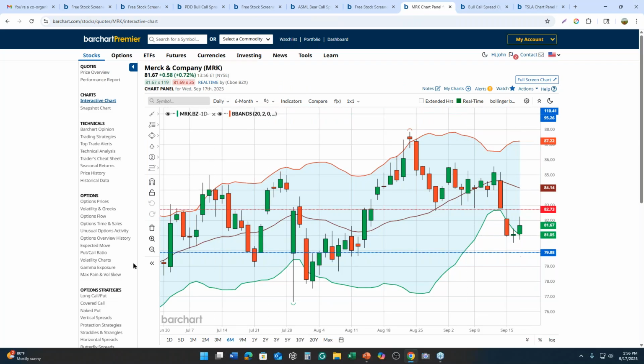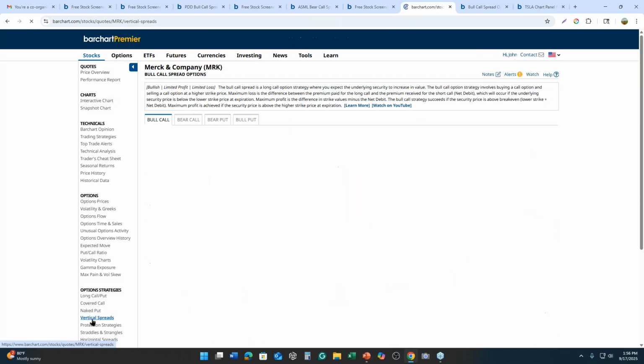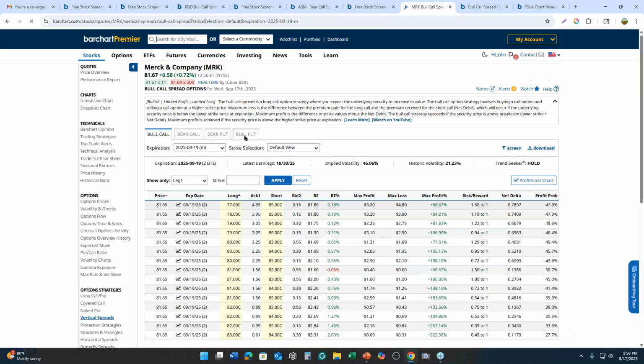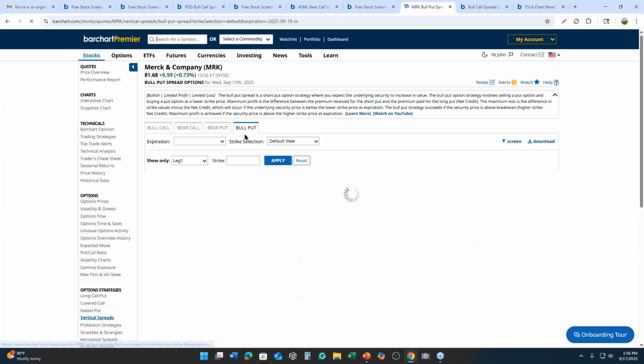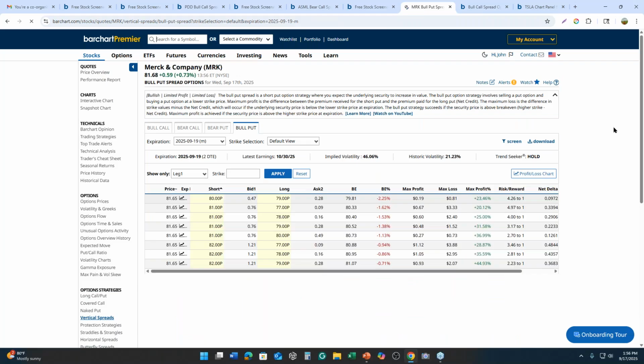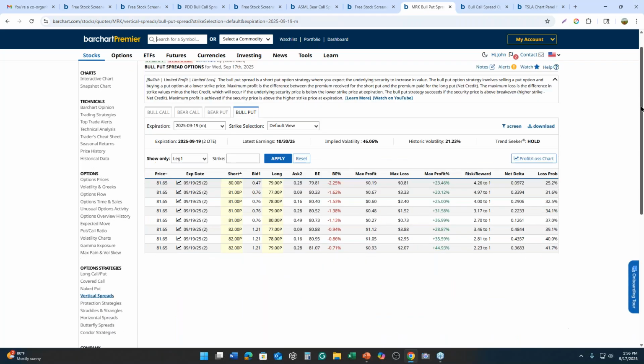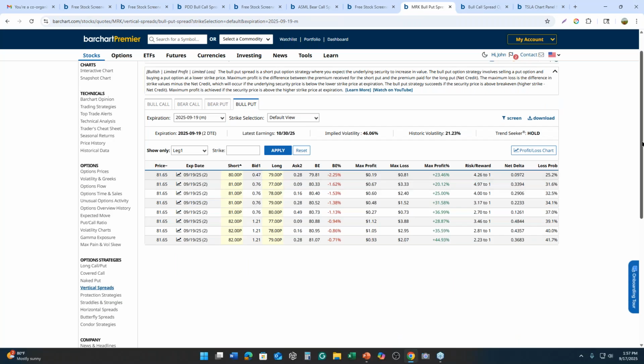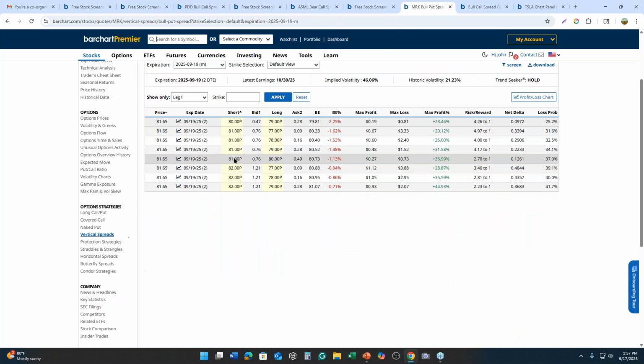So, naked vertical spreads. Here we're looking at bull puts. There we go, 81. That is where we are at current price, right? 81.